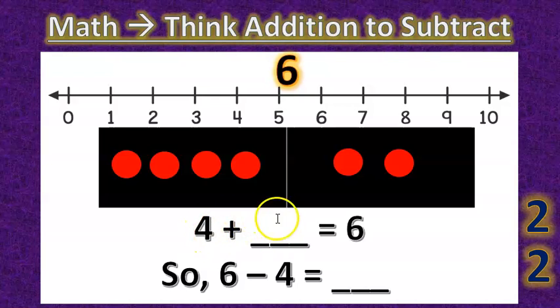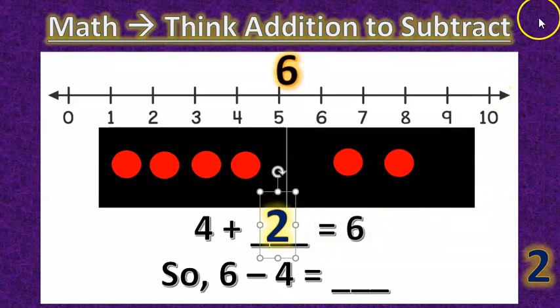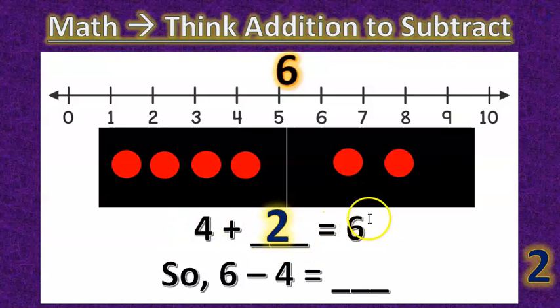What number are we going to put here? How many red circles are on this side? Let's count. 1, 2. So what number goes here? 2. Good job. So let's get 2 and insert 2 here because that's our answer for this addition equation.